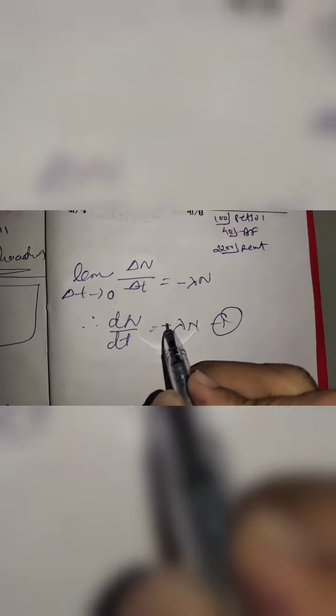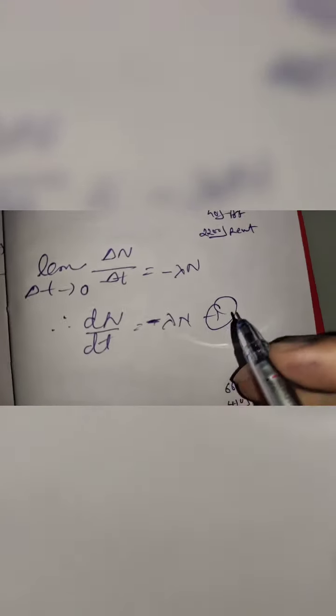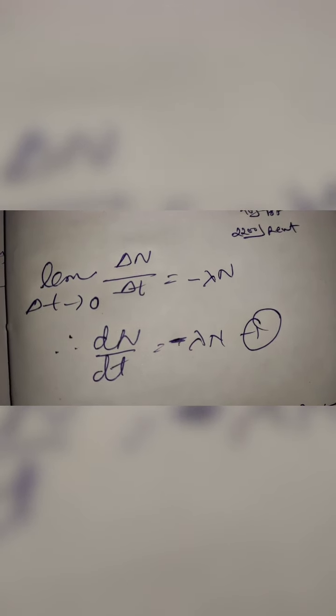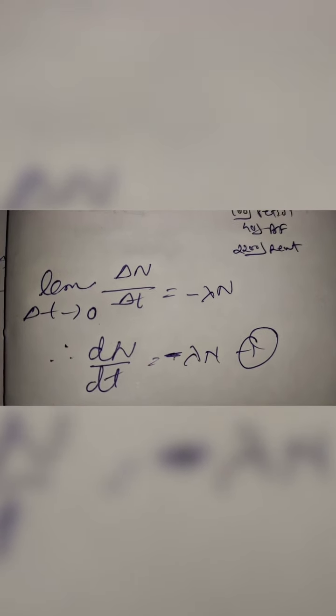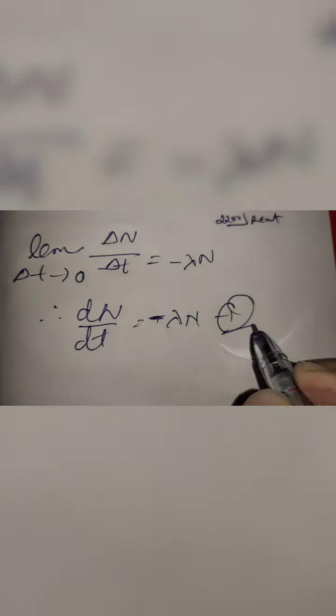Here it is negative because as time goes by, the number of nuclei remaining will decrease. Why is there a minus? As time goes, the number of nuclei remaining decreases.